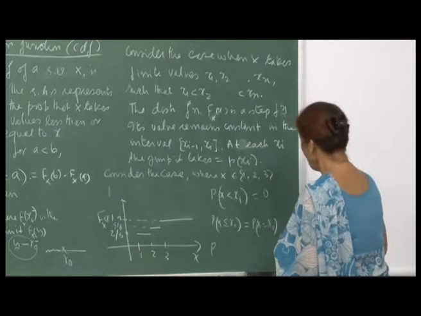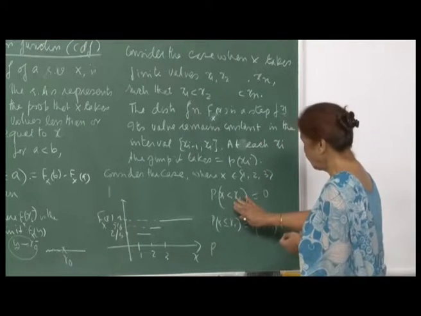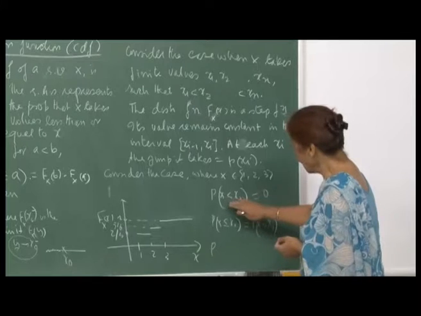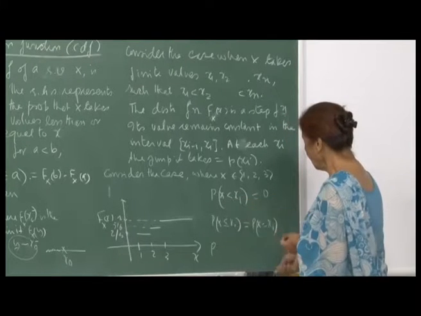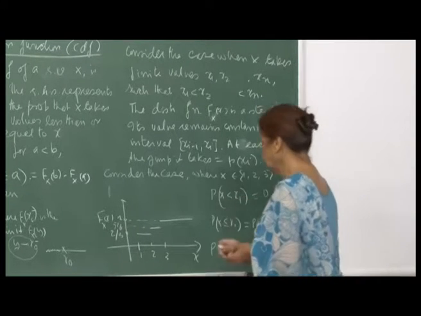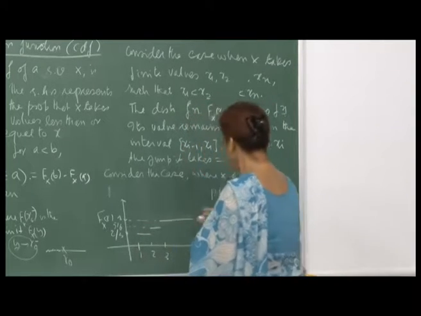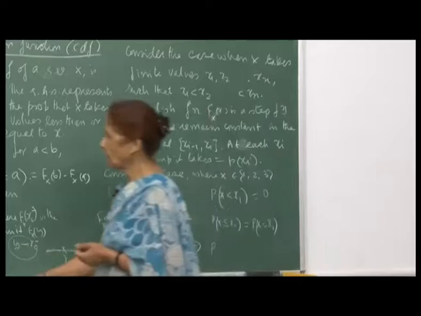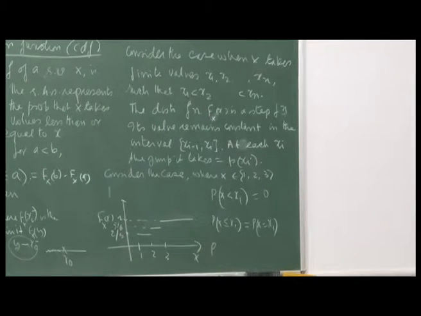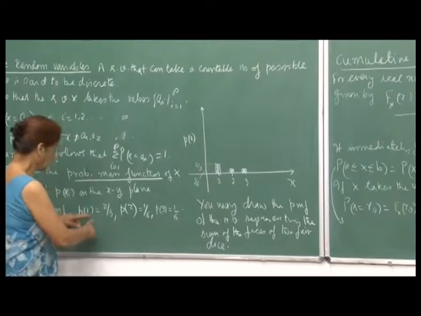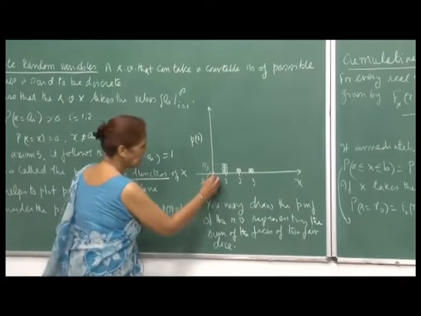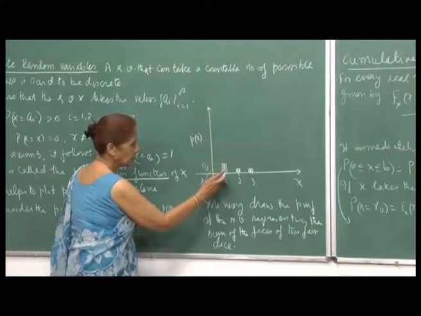Now, that means for values just less than x1, if you want to draw the graph, which I am showing you here, let me show you the graph for this first. You see, here the random variable is taking the value 1. So, before that the value will be 0.